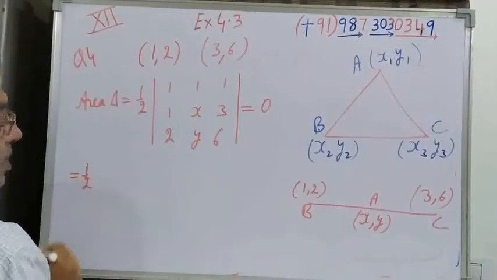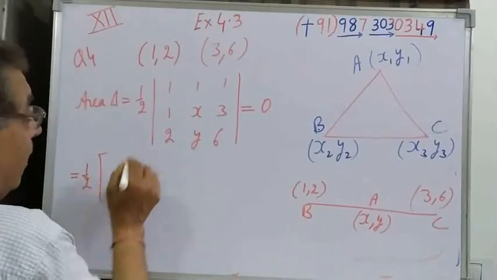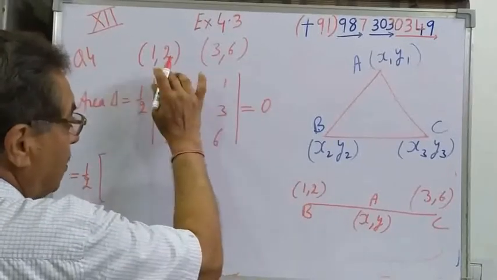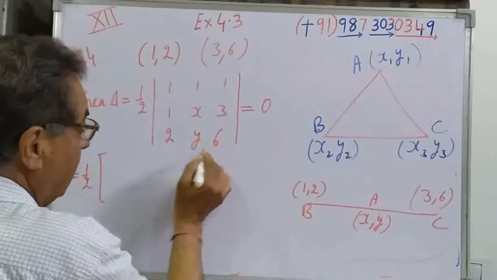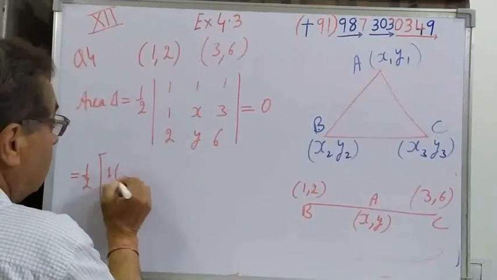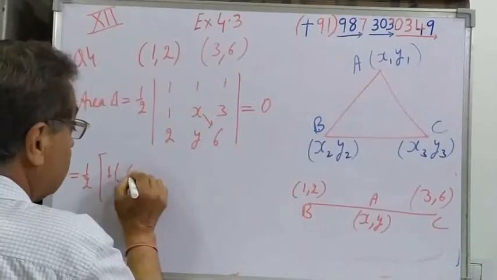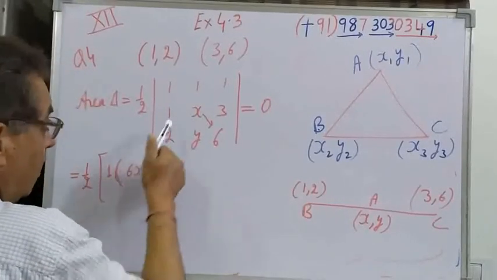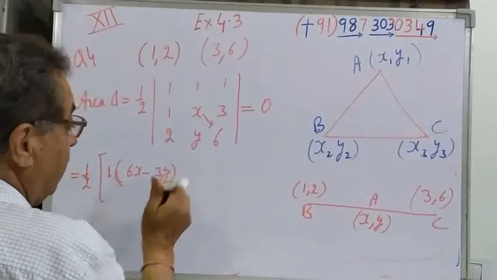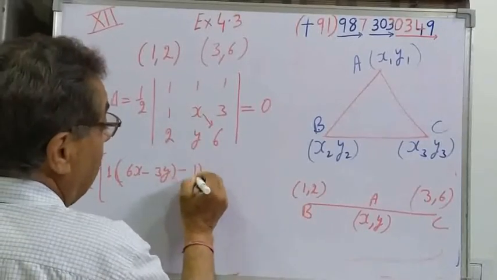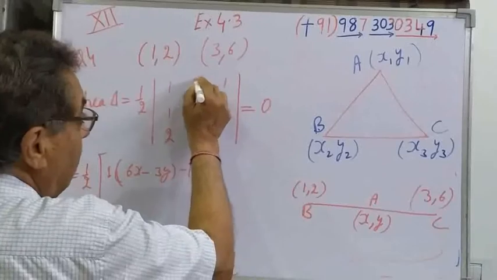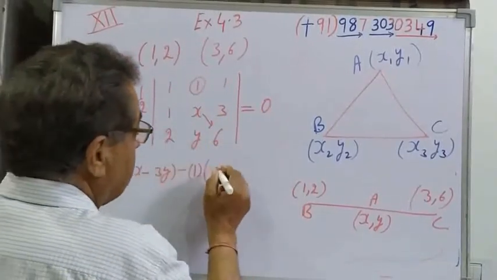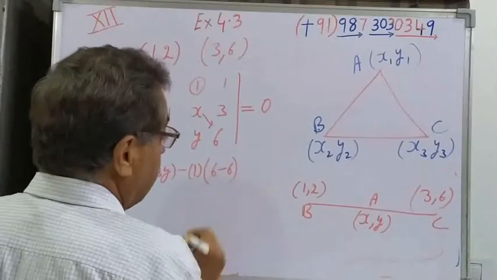So we straightaway expand it through R1. I hide the first row, first column, and multiply by 1: 6x minus 3y. Then the second one, hiding this one, I get 6 minus 6.